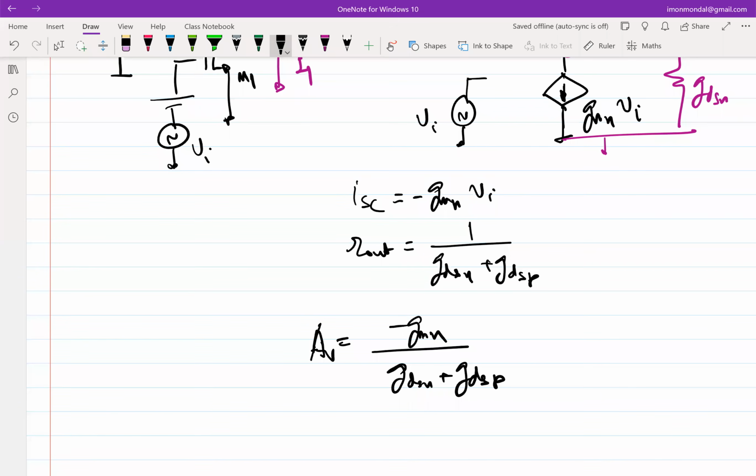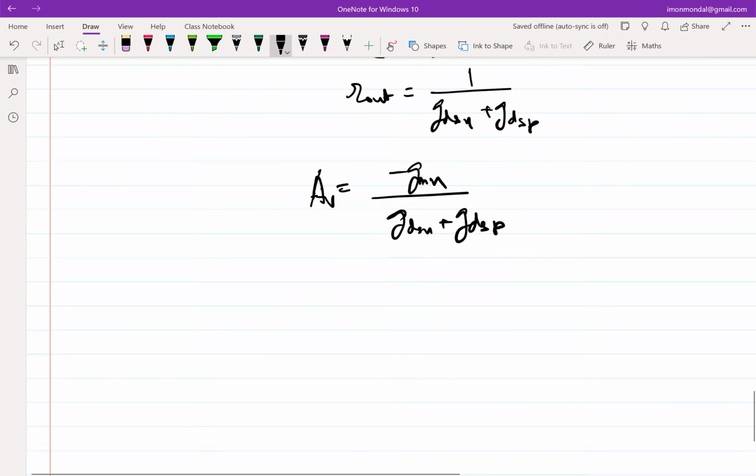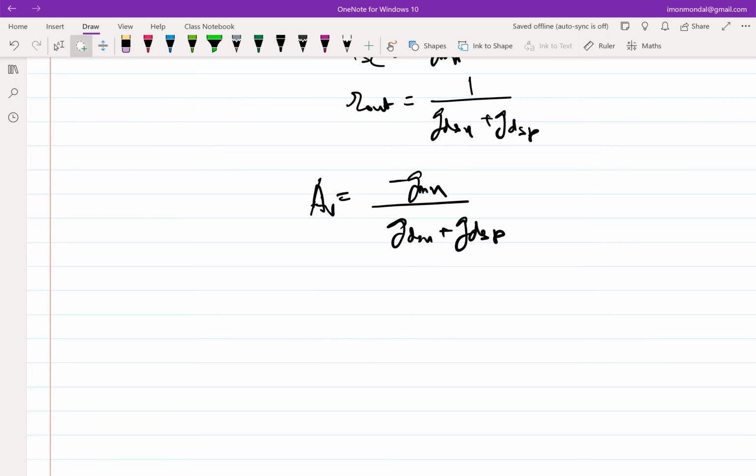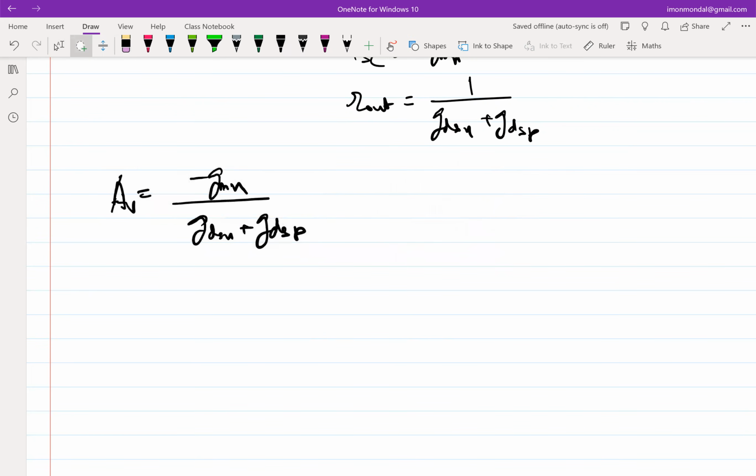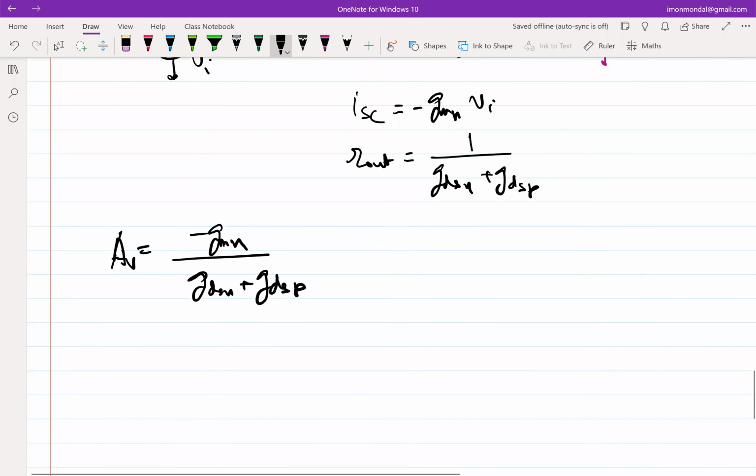So in terms of my incremental Thevenin or Norton equivalent model of this entire configuration, nothing has changed.